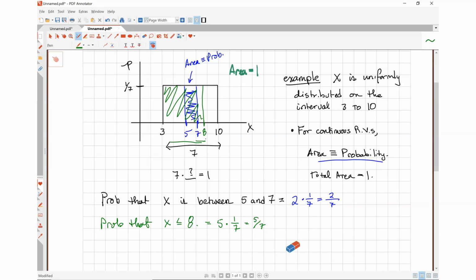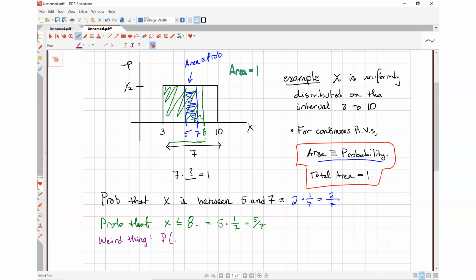All we have to remember is that area is probability, and that the whole area, if we're talking about a probability distribution, has to be 1. And that's true for all continuous random variables and their probability distributions. One peculiarity of probability distributions for continuous random variables is, well, let me just show you.